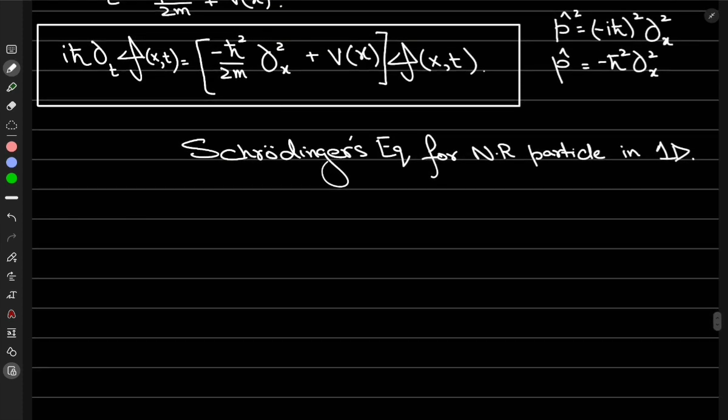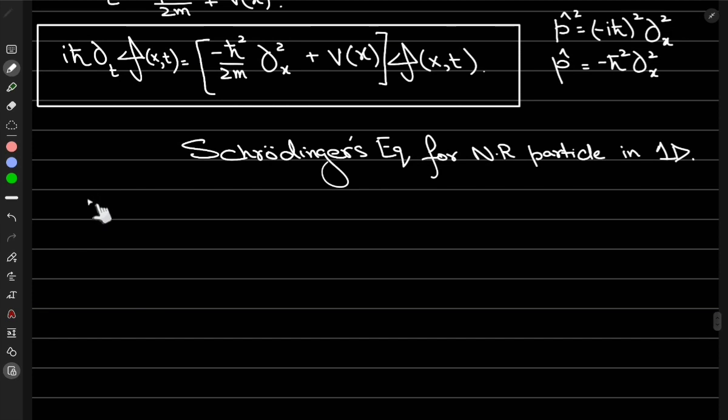So if I want to find the probability of a particle at some position x or at some time t, I can take this wave function psi of x comma t, and take the mod square of it. Once I do that, I get the probability density of finding the particle at that particular position x in space and at time t, right?